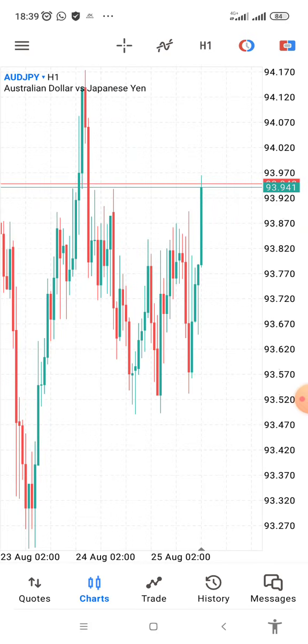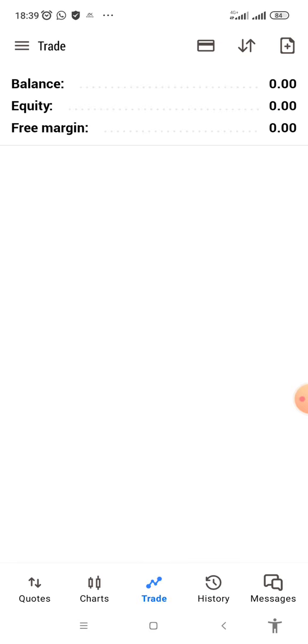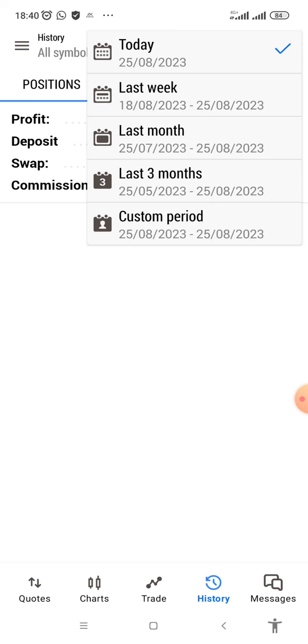Now, if you look at this account, if I go to the history, you see that it's 000. If I go to the trade session, you see that the account balance is 0. I haven't deposited anything in it because I just finished creating the account. And they have activated everything and it is working. I can place trades on it. But I haven't done any deposit. Now, for you to be sure that I haven't done any deposit on this account, if I go to the history, let's choose the last 3 months.